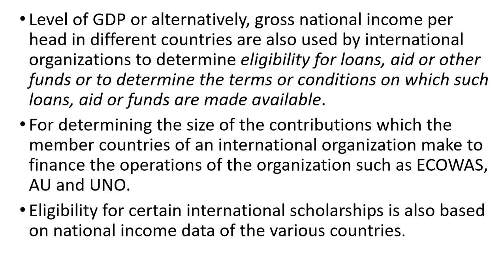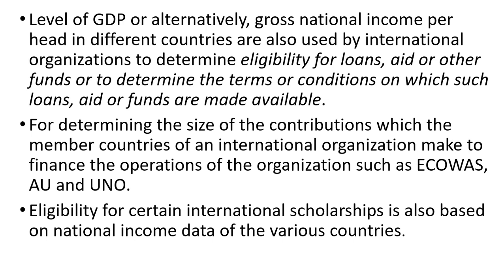Another use of national income statistics is in determining quota contribution of countries to international organizations. International organizations are funded by contributions of members of that organization. So the UN, ECOWAS, AU, World Bank, IMF, World Trade Organization, and the rest. All these international organizations are funded by the contributions of their members.